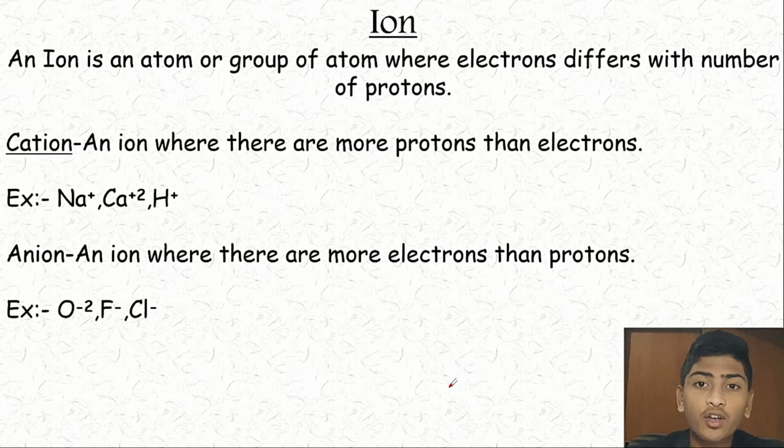Why? Because proton has positive charge and electron has negative charge. If there is more positive charge, then it will obviously be a cation. If more negative charge, then it's an anion. Cation examples are Na+, Ca2+, H+. Na+ means sodium, Ca2+ calcium, H+ hydrogen. If we take anion, O2- oxygen, F- fluorine, Cl- chlorine, like that.